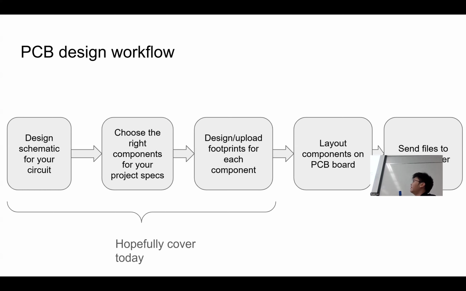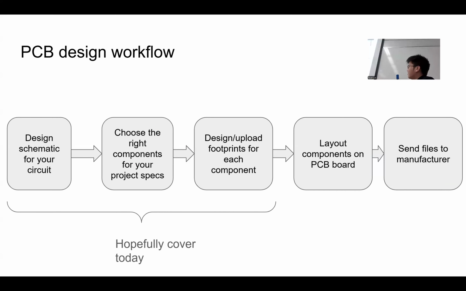Next, you would design your footprints for each component, depending on what you bought. You lay out your components on your PCB, and once they're all laid out and everything's nice and good, you can send your files to the manufacturer. And that's all PCB design really is. Of course, there are lots of details that go into every step, but hopefully we can cover the first three steps today. Now, you might be curious, what are we making today?